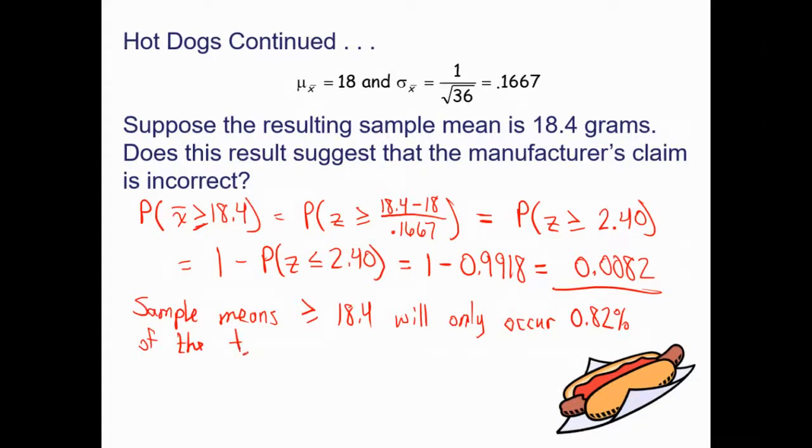So if that's the mean that they found, 18.4, oh yeah, this mean is large enough for us to doubt they're 18 grams. Because remember, we took a sample of 36 and got 18.4 as our mean. And that should only occur 0.82% of the time. So this mean is large enough to cause us to doubt the manufacturer.